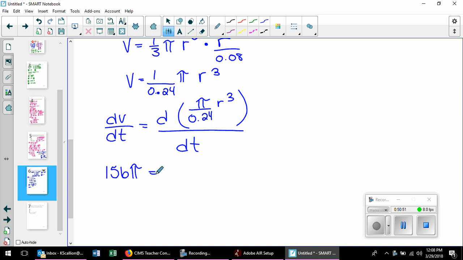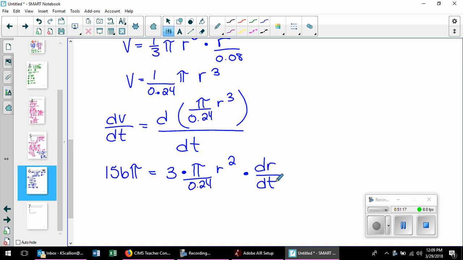If we were to differentiate this, this would be 3 times pi over 0.24 r squared times dr over dt. I think I did that all right.